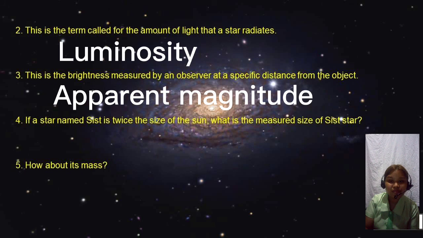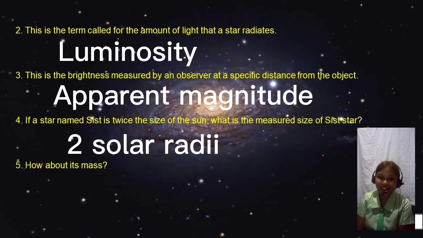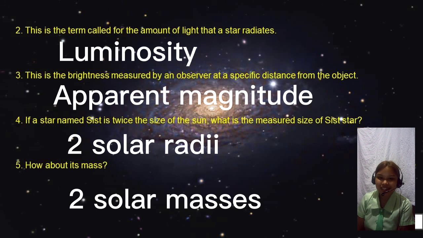If a star named Cyst is twice the size of the Sun, what is the measured size of this star? Yes, Miss Lauren? Very good. It is 2 solar radii. But how about its mass? Okay, very good. It is also 2 solar masses.